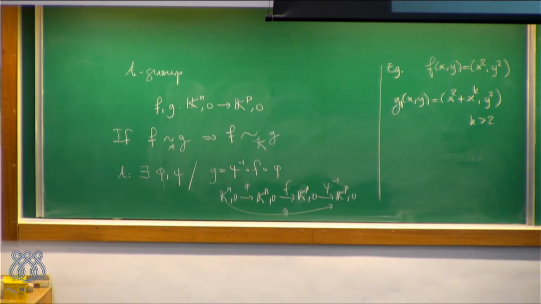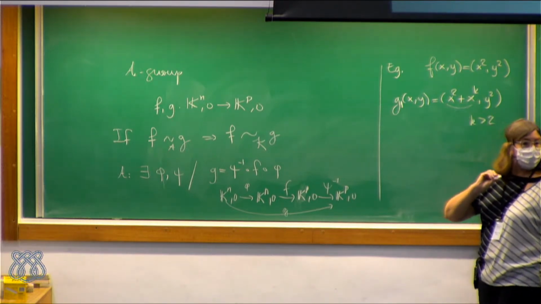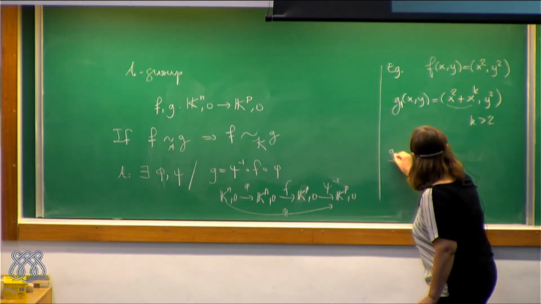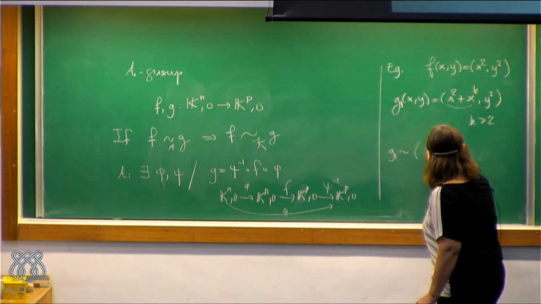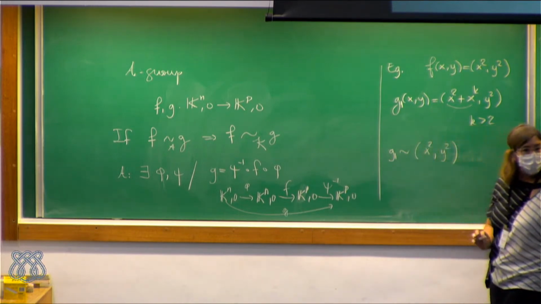So we've seen last year that we can change coordinates in x so that this G1 is equivalent to x squared, y squared.